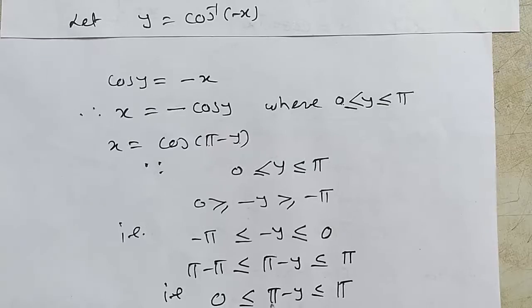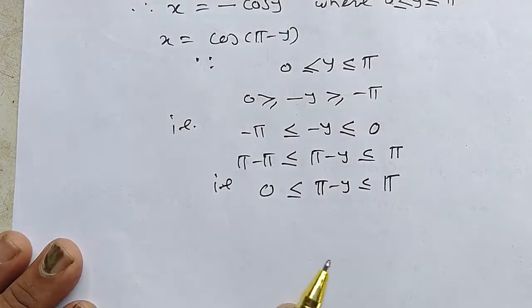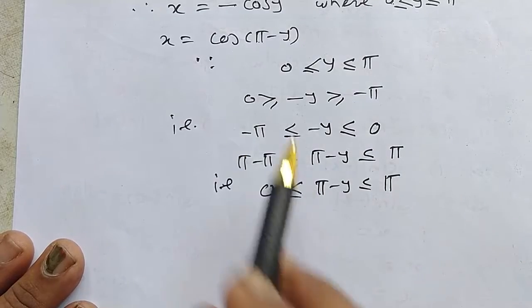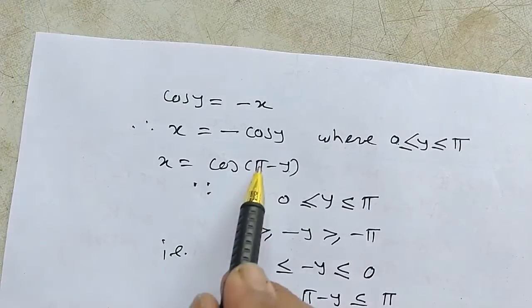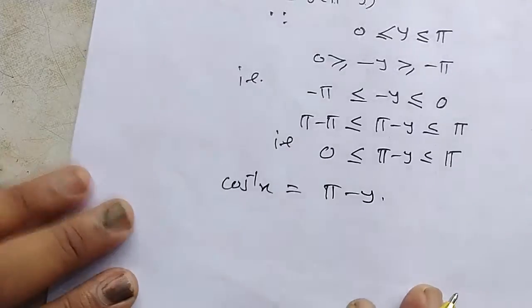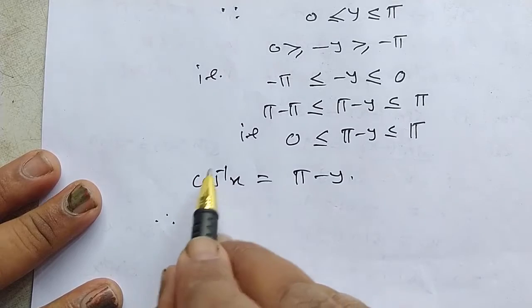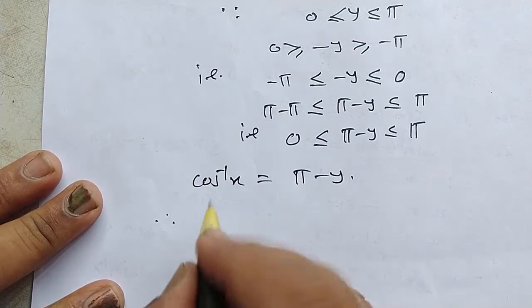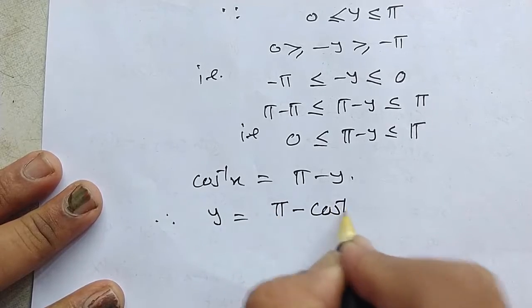So this value pi minus y belongs to the range of principal value branch of the cos inverse. Therefore, we can invert this. It becomes cos inverse of x is equal to pi minus y. Therefore, taking y to the left hand side and cos inverse x to the right hand side, y is equal to pi minus cos inverse x.